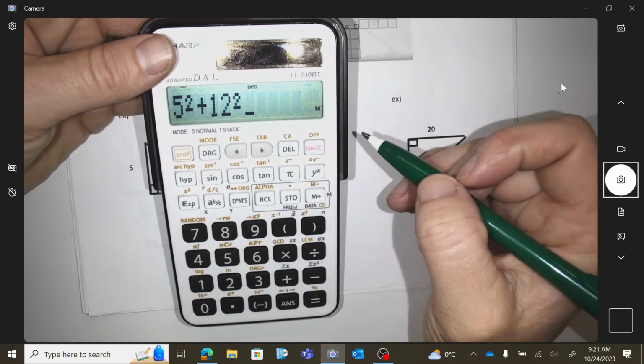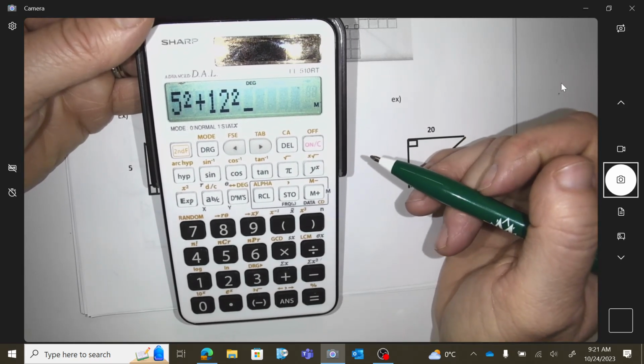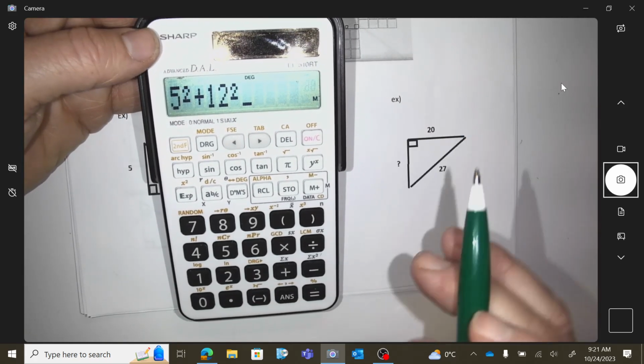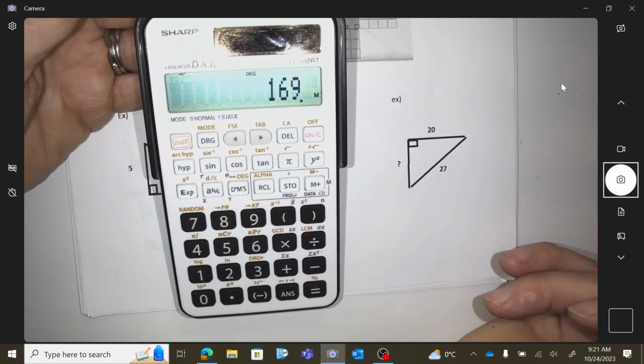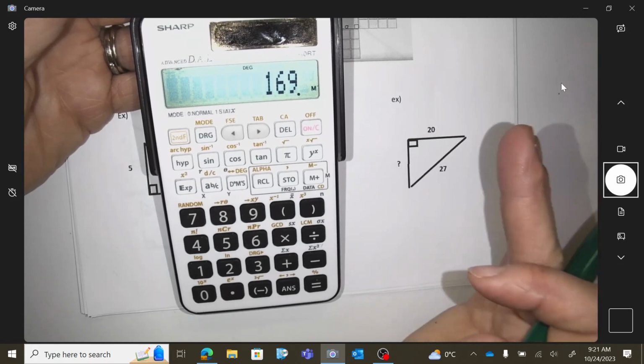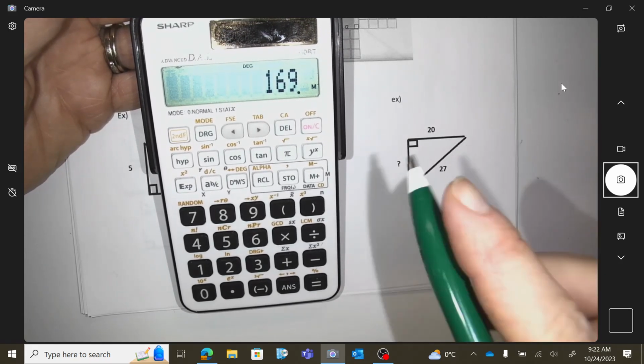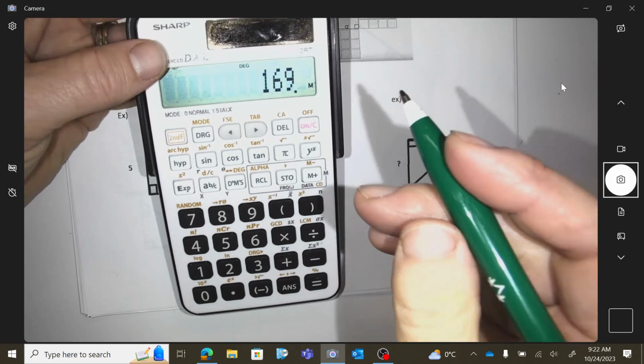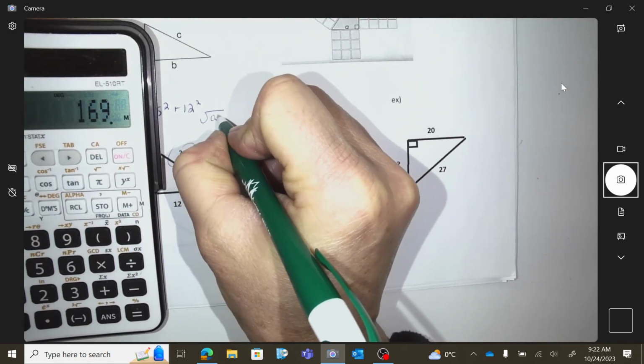If you don't know where your squared button is, please call me over at some point and we can figure that out. Equals 169. So that's not the length. What is the math that I would still have to do with that number? I would have to square root it.